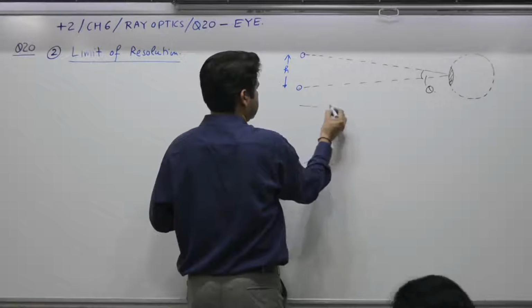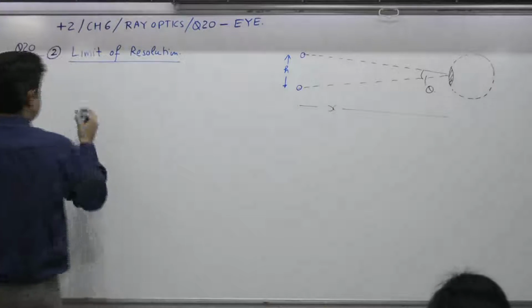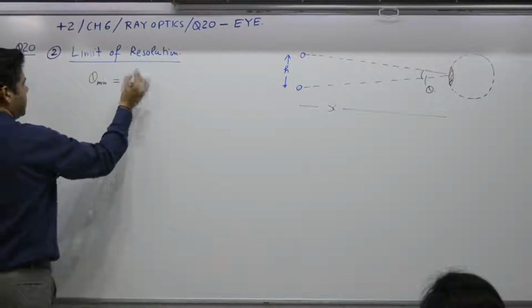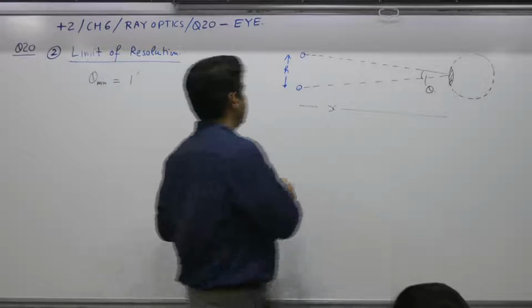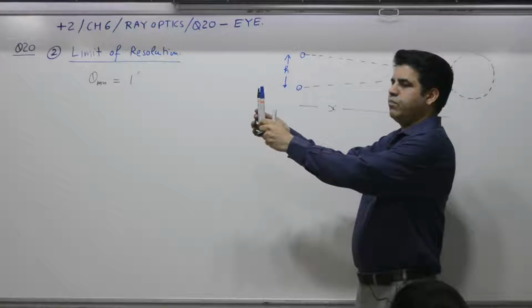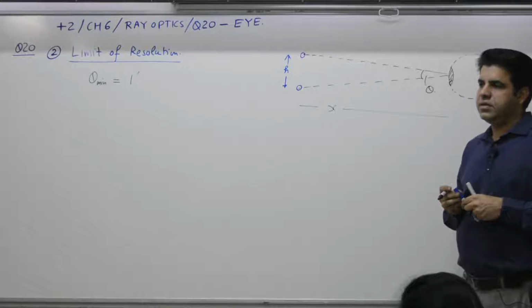Suppose this distance is x. Minimum value of theta should be what? 1 minute. Two objects should subtend an angle more than 1 minute, then I can distinguish them as separate.